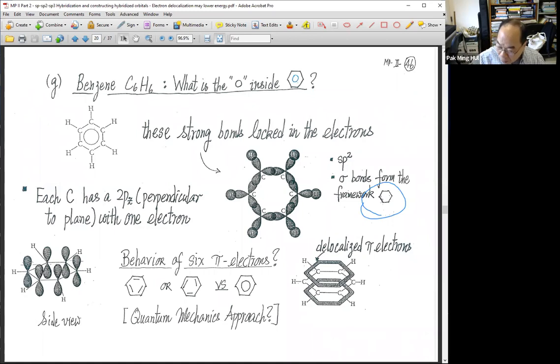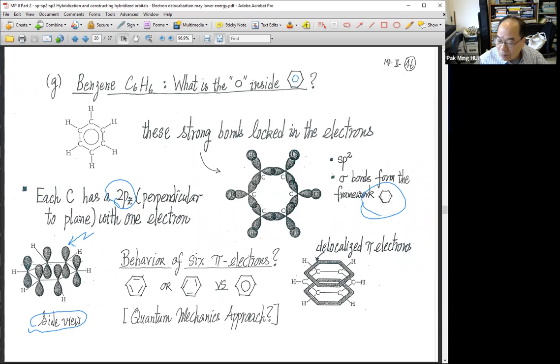Instead, we will focus our discussion on the 6 pz electrons. Every carbon has a remaining unbound electron in the 2pz state. So look at this side view picture. After forming the hexagonal skeleton, each carbon still has one electron in this pz state to bond.